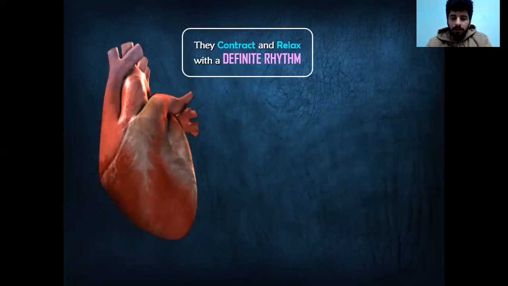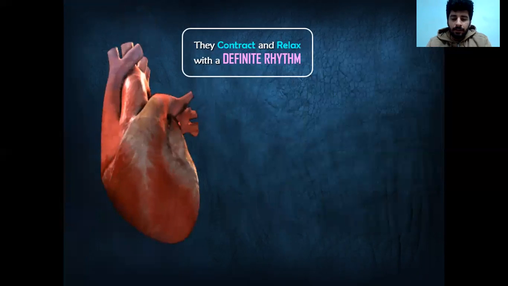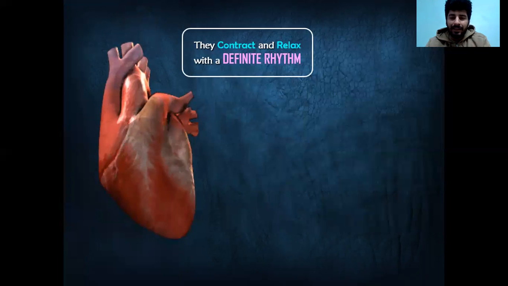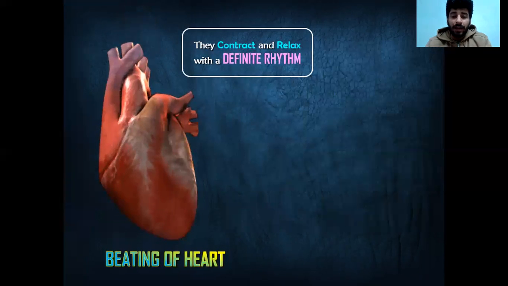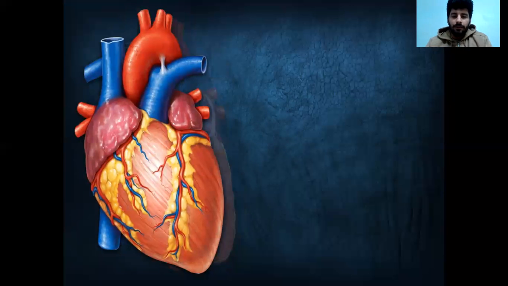Now the heart basically circulates blood, and for that it has a definite rhythm of contraction and relaxation. It is not going to happen that it contracts for 2 minutes and then relaxes for 4. So, the same amount of time for contraction, the same amount of time for relaxation. This is what we call the beating of the heart.